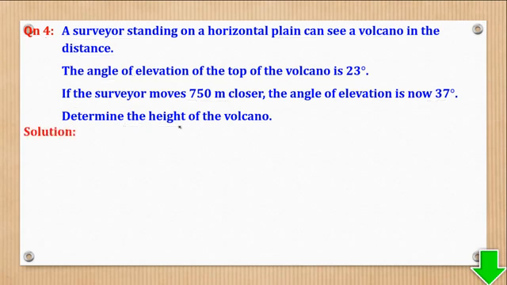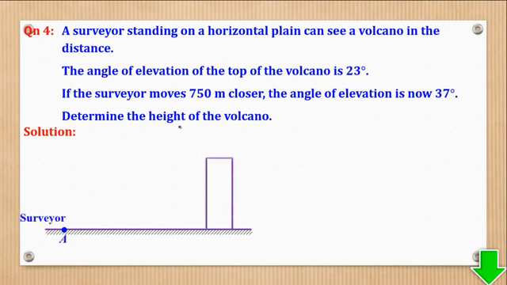So still we shall make a sketch of the ground. Then we shall put where the observer is, who is the surveyor, and the volcano. We just draw a rectangle and label it volcano. They told us the angle of elevation is 23 degrees, so put your 23 degrees.